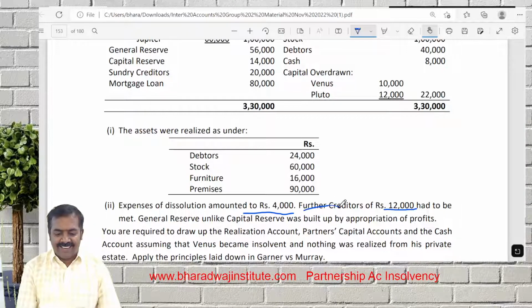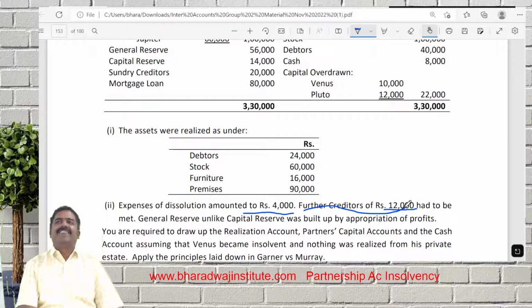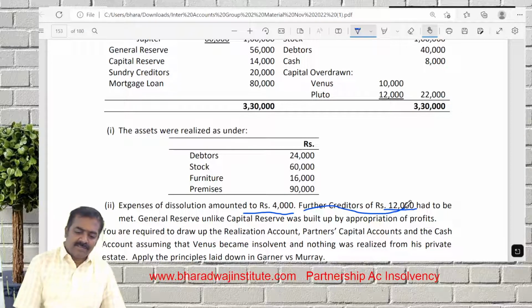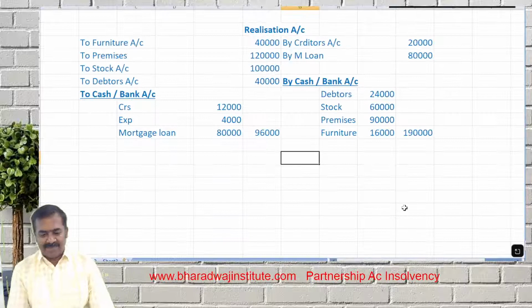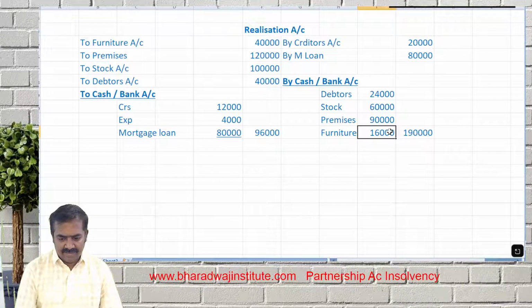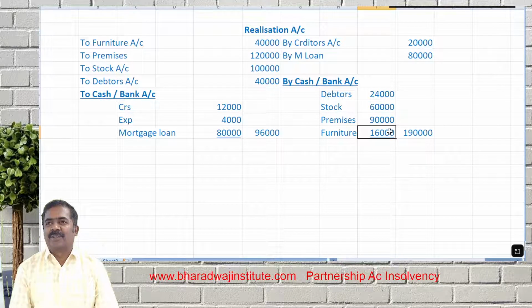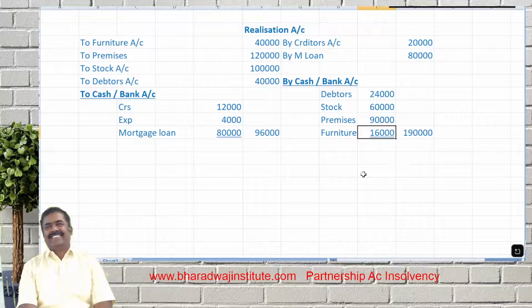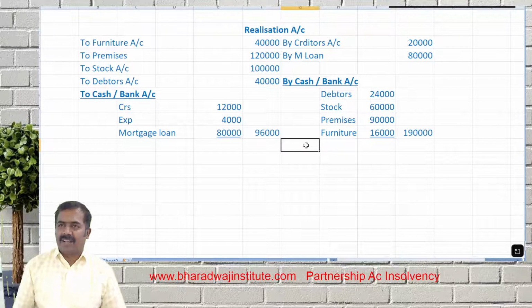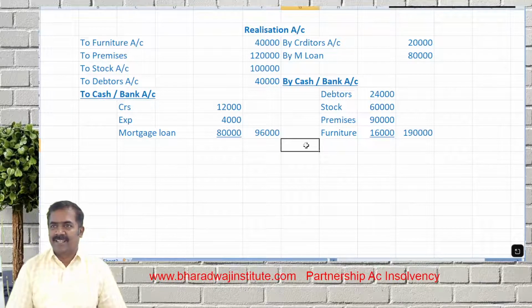Further, creditors 12,000 has to be paid now. 12,000 தான் creditors pay பண்றோம். பரவாயில்ல. ரொம்ப திங்க் பண்ணக்கூடாதுன்னு அர்த்தம். Further, see, obligation, they should use clear words. Apart from the balance sheet creditors, unrecorded creditors, additionally 12,000 to be paid.